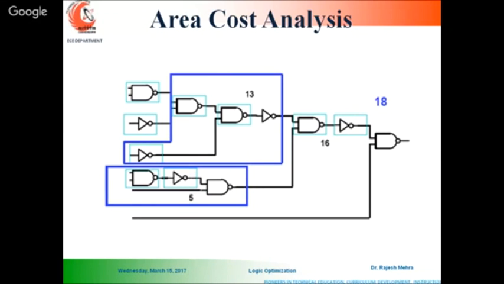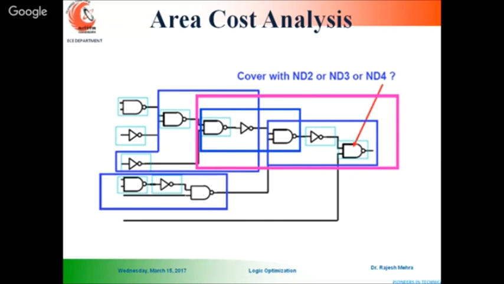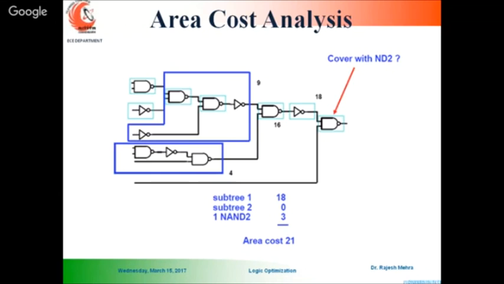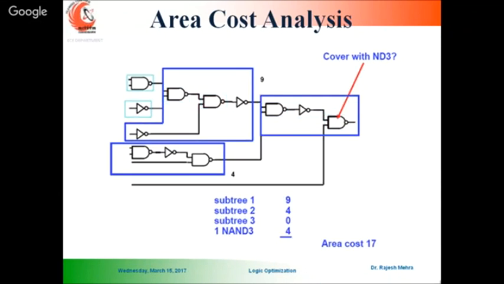And next option is what? Next option is, if we take straight away 3 of NAND gate, then what will be the cost? 18 plus 3 is what? 21, right? If I use subtrees, means this one, 9 up to here, right? 4 of this one and 4 of this one.